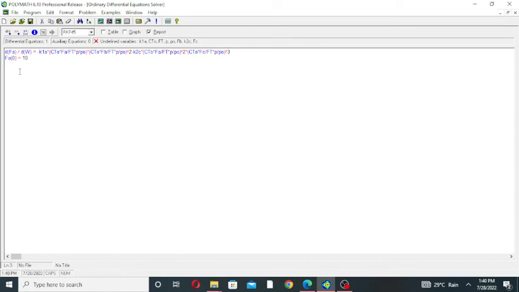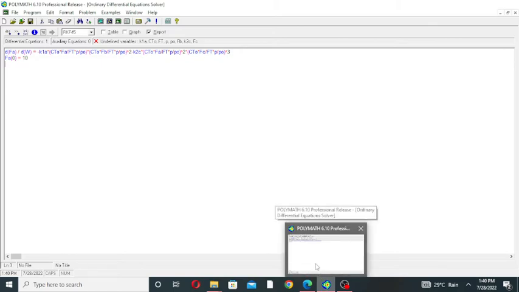Similarly, we can put equation number 2 for dFB divided by dW, equation number 3 for dFC divided by dW, and equation number 4 for dFD divided by dW. So I am just putting it from another window.